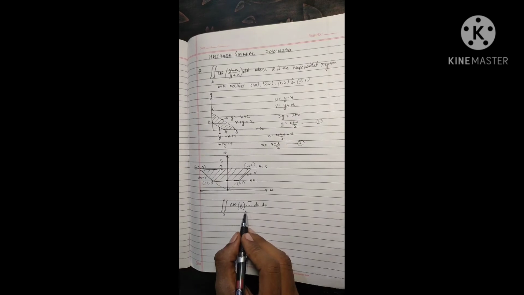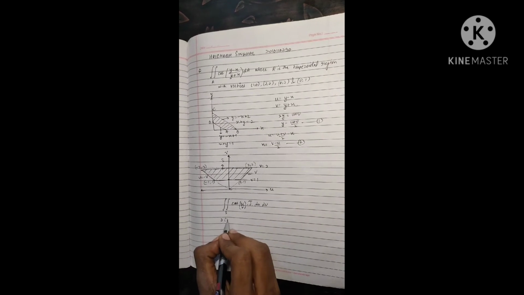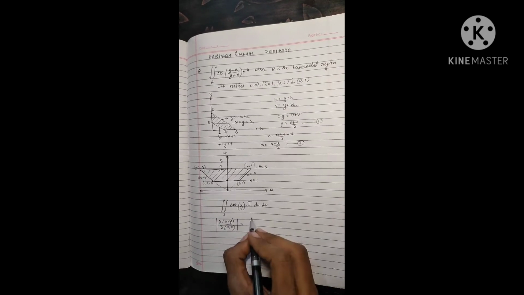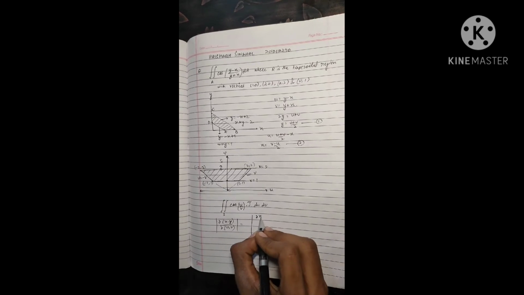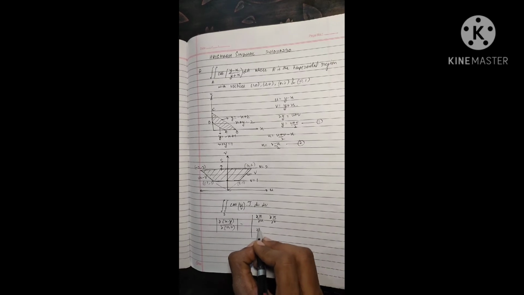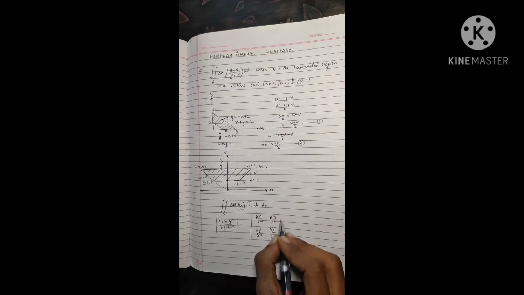So now, as required, we will have to find its Jacobian, which is del(x, y) over del(u, v), equal to the determinant of del x over del u, del x over del v, del y over del u, del y over del v.